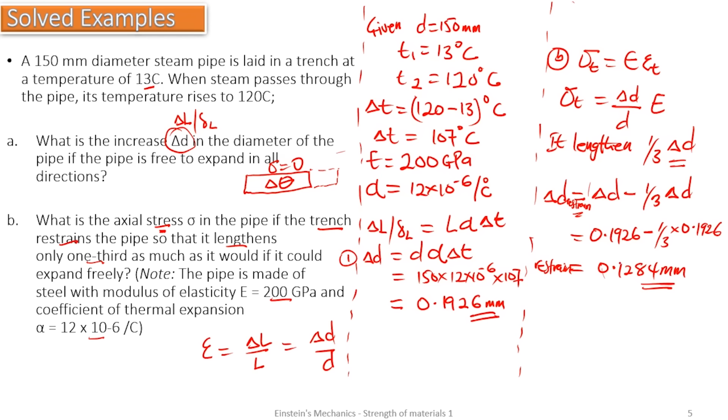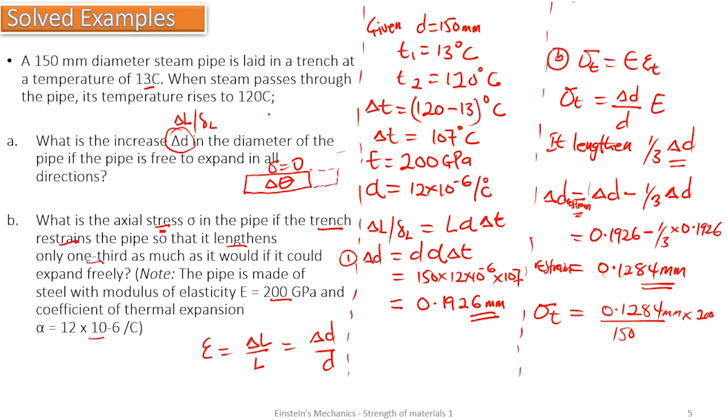And this one is going to cause a stress in the pipe. Therefore, we can say that the thermal stress is equal to the change in D, which is the D that was restrained, 0.1284 on D, and the D is, in millimeters, 150, multiplying the E, which is 200.